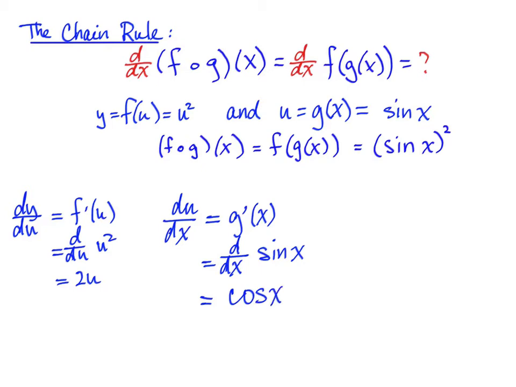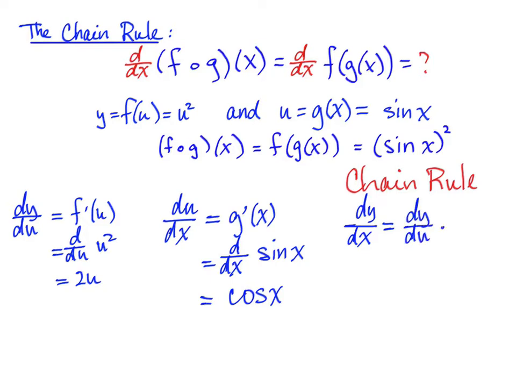So the chain rule puts this together, and it says, look, if we want to get dy dx, notice the dy in the numerator and the dx in the denominator, we can multiply dy du times du dx. And notice something interesting, the du's would sort of cancel.